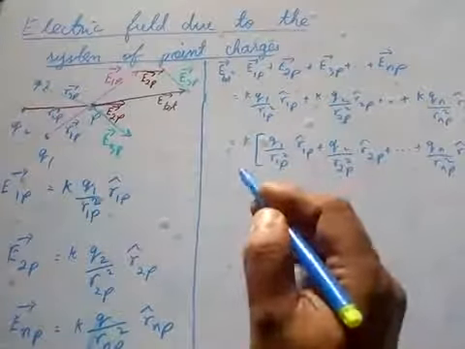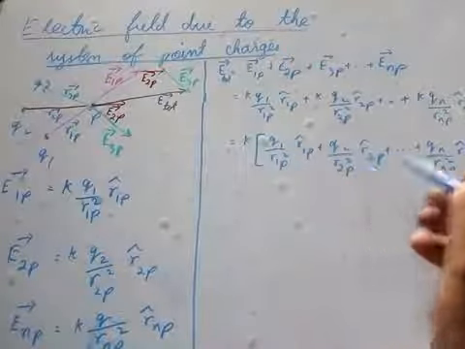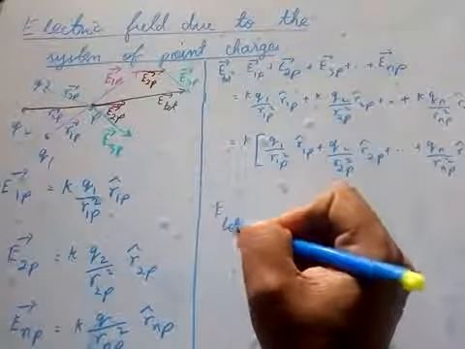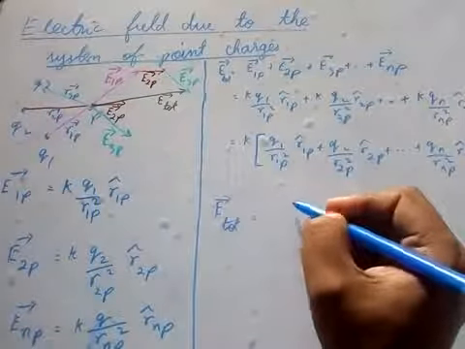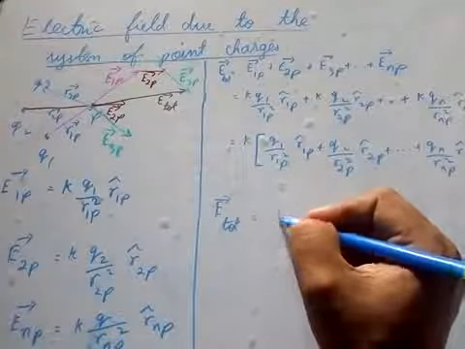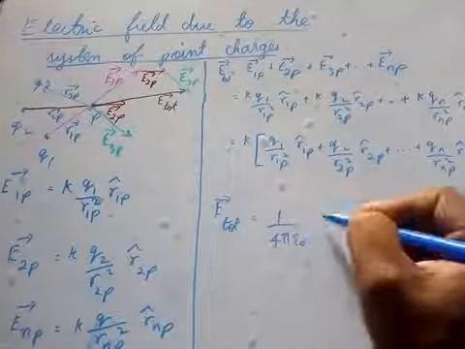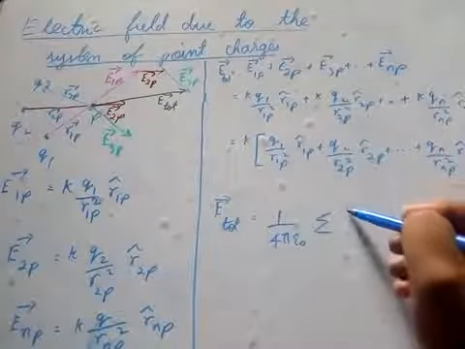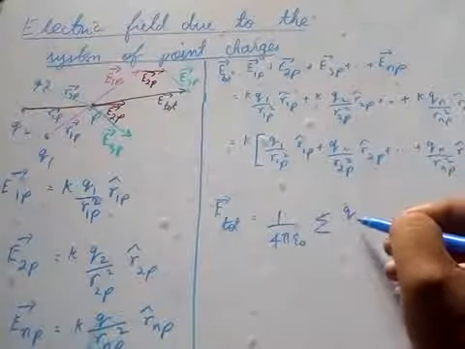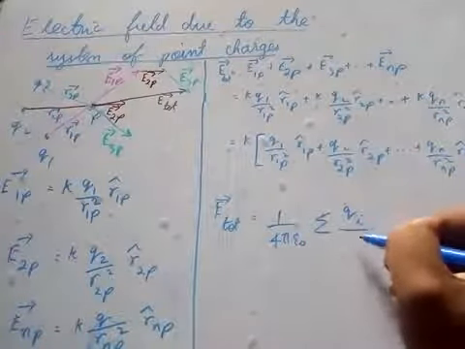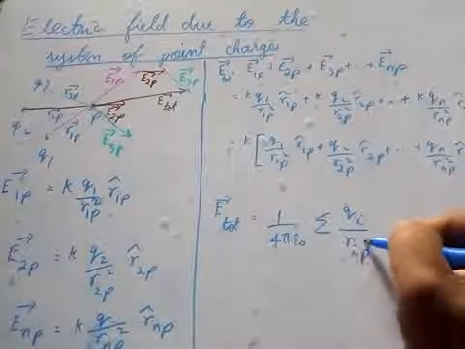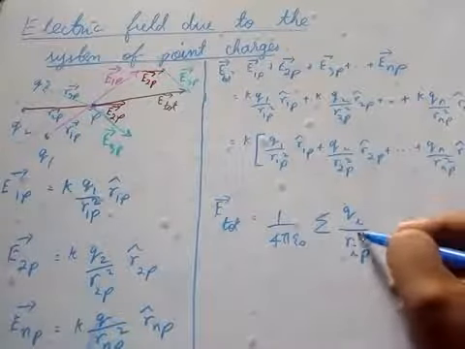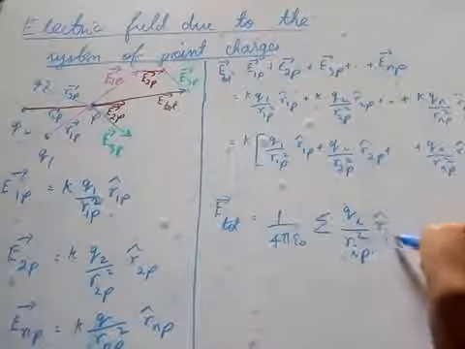Now you can see this first term, then 2, 3, and so on up to n, so we can sum them. We can write the total electric field in a different format also, using summation. K we write as 1 by 4 pi epsilon naught, then the summation symbol. Then take the first term, Q1, and instead of writing 1 we write i to make it more general, by RiP the whole square into R cap iP.